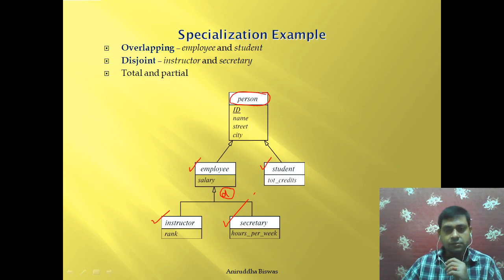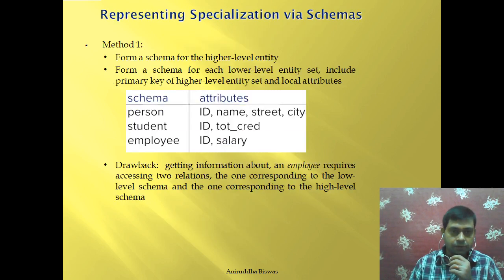That means this person set is specialized as student as well as employee, but if there is some overlapping, means some person is an employee who is also a student, in that case it is called overlapping specialization. So within the circle we write O over here. So that is the representation of overlapping specialization. So there are two types of specialization, one is overlapping, another is disjoint.